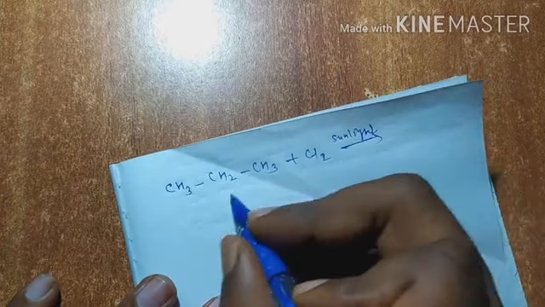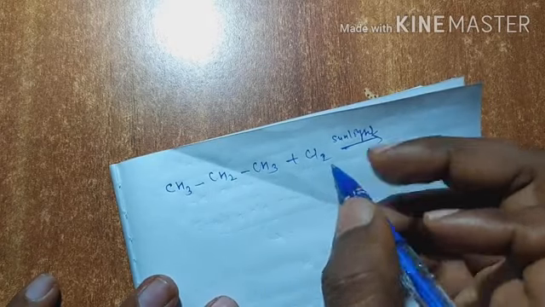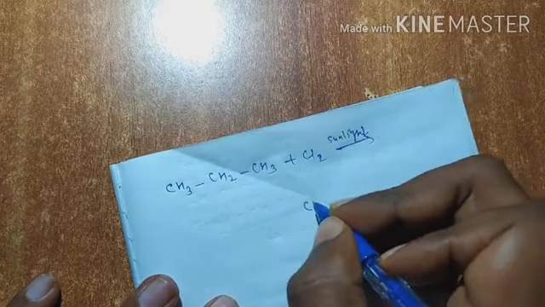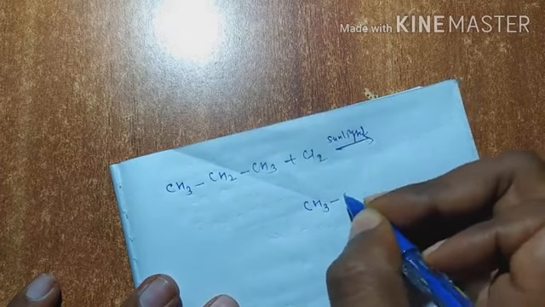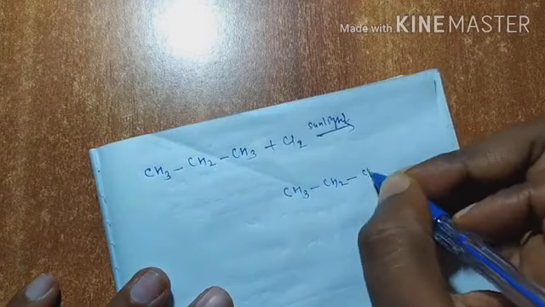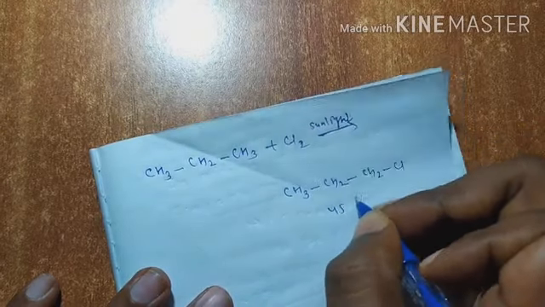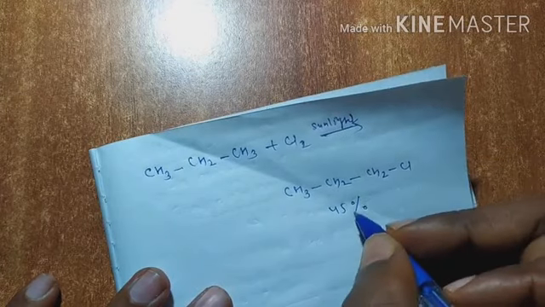So two products are formed. The first one, directly I am writing, is CH3CH2CH2Cl. This is formed 45%. You write the IUPAC name.